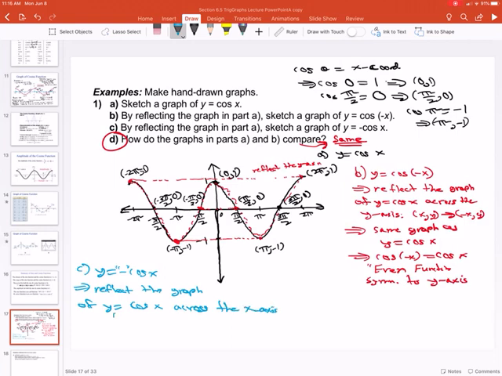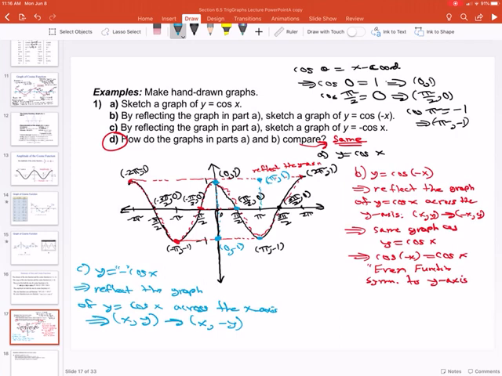That means every ordered pair (x, y) will give us the ordered pair (x, negative y). For example, (0, 1) reflected across the x-axis goes to the point (0, negative 1). (pi over 2, 0) is still (pi over 2, 0). But (pi, negative 1) reflected across the x-axis is at (pi, 1).